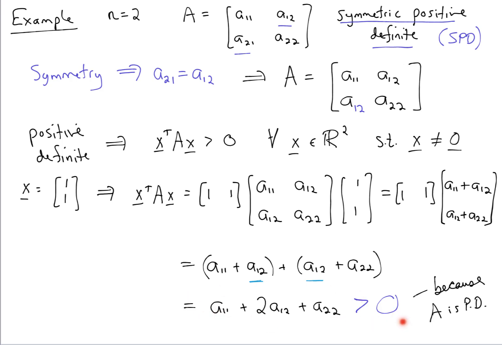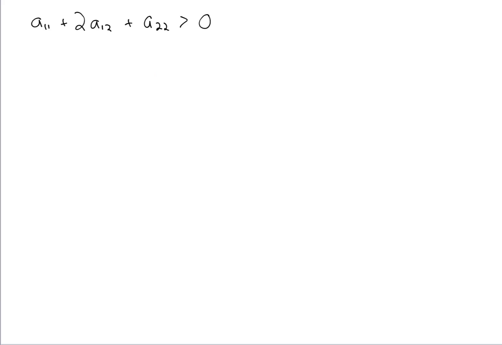Now, we can do something interesting with this. Let's use this inequality to isolate the A12 entry. So if we do that, first subtracting A11 and A22 from both sides, we have 2 A12 is bigger than negative A11 plus A22.